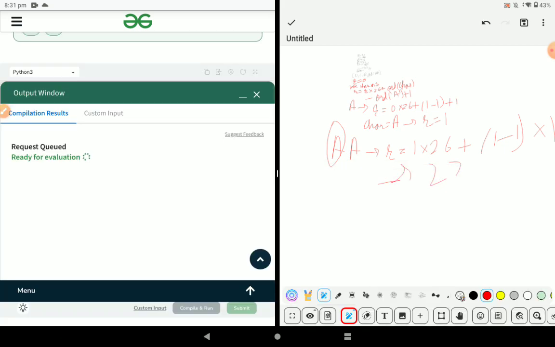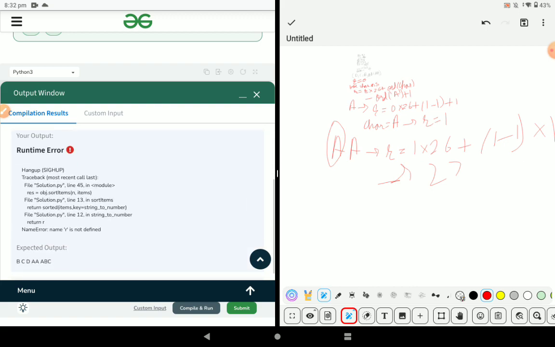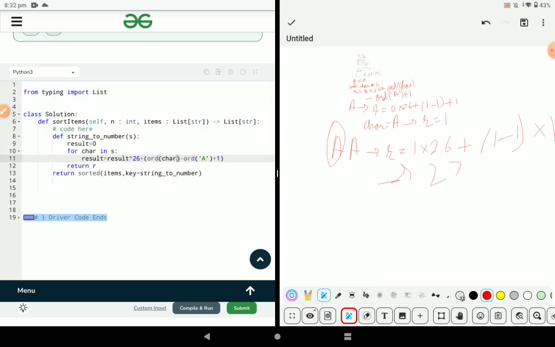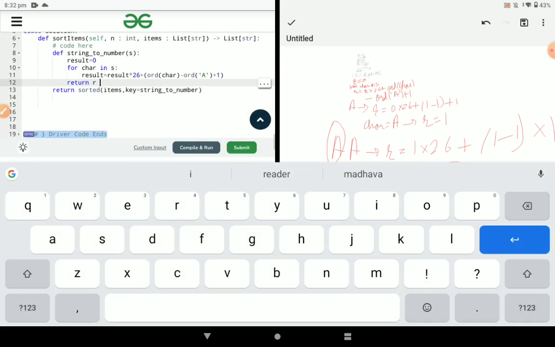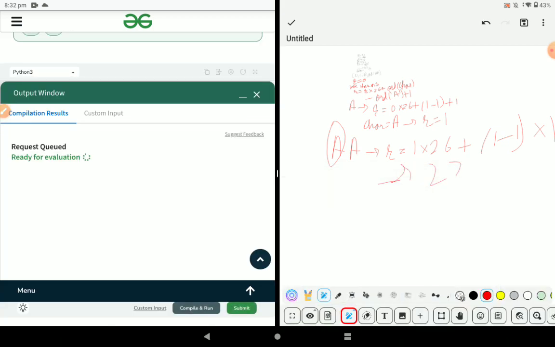Now I think it will run properly. Return result. I only changed the variables and it was giving some problem. I think it will run now.